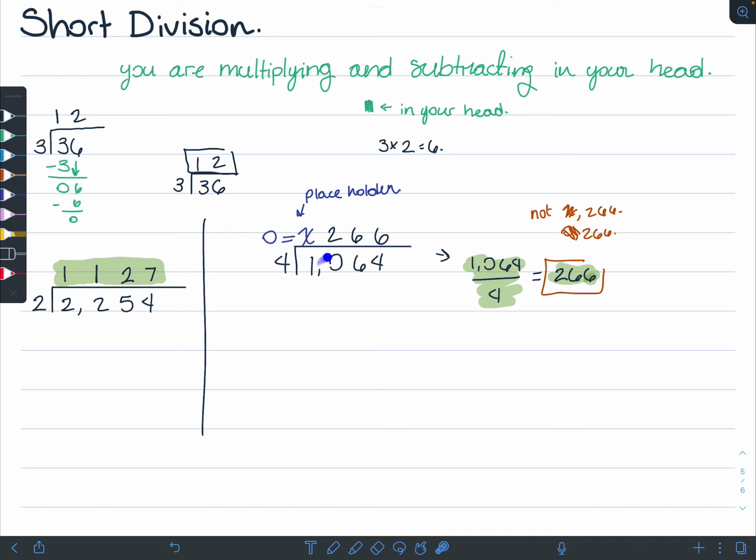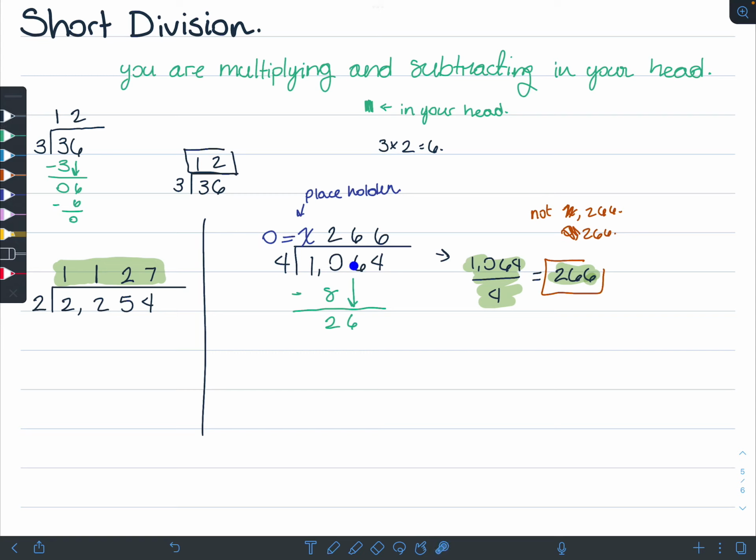So we move over to the hundredth place. 4 times what gives me 10, or close to 10? 2. 4 times 2 gives me 8. 10 minus 8 gives me 2. Gonna bring down that 6.